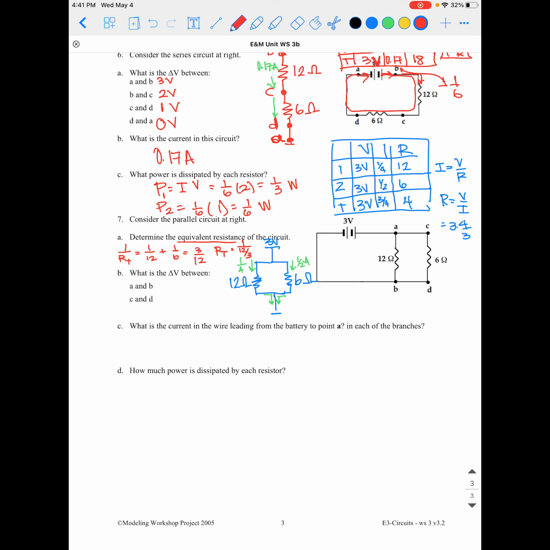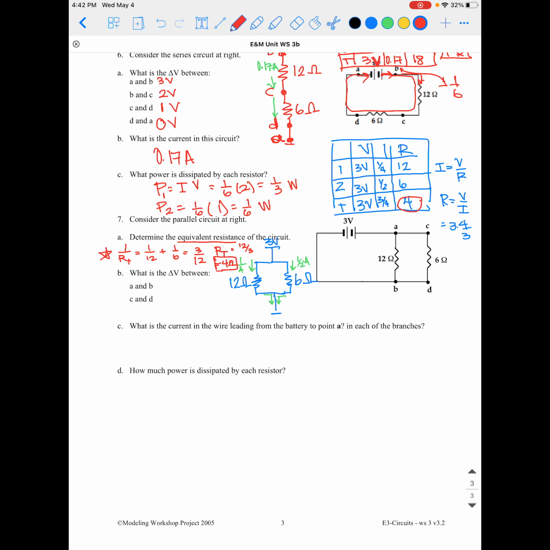Actually, I'm doing that wrong. The inverse of our total is not 1/12/3, but it's just 12/3, which then gives me a total of 4 ohms. And that's exactly what we got here. So 2 methods. You definitely want to memorize this formula because the VIR chart isn't always going to give it to you.